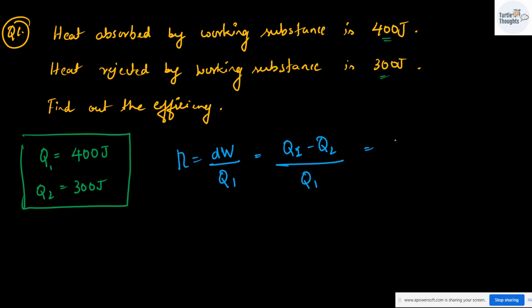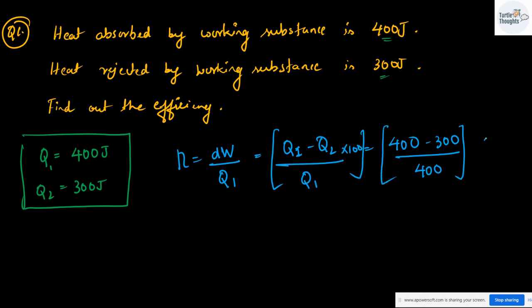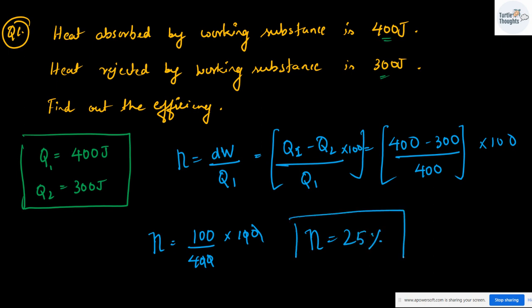Of course, you have to multiply by 100 as well when you represent that in percentage form. So 400 minus 300 divided by 400 multiplied by 100. So you will be getting eta as 100 divided by 400 multiplied by 100. Two zeros and two zeros can be cancelled. Now eta is going to be 25%.